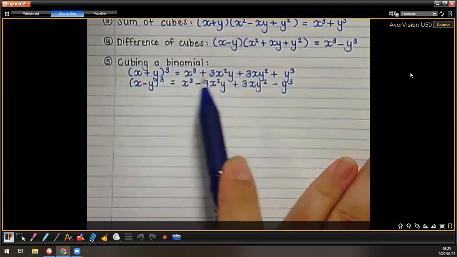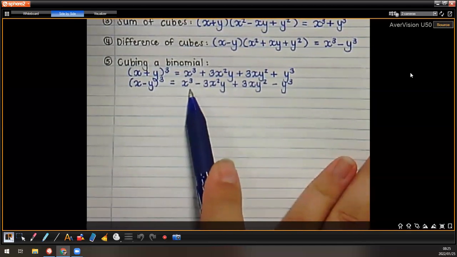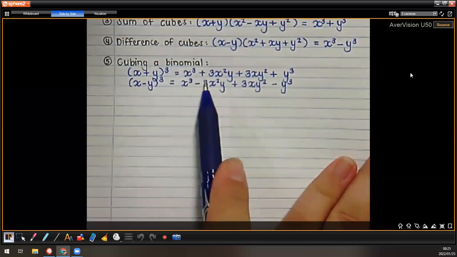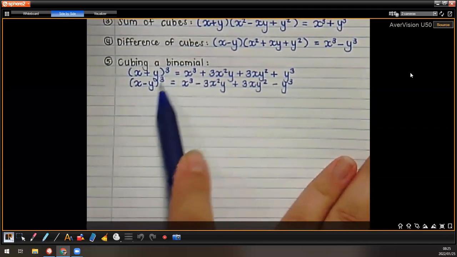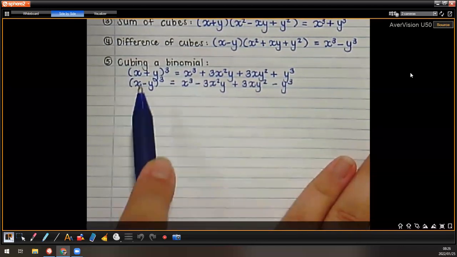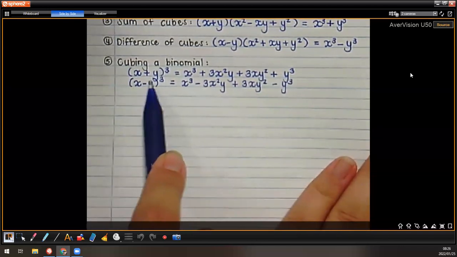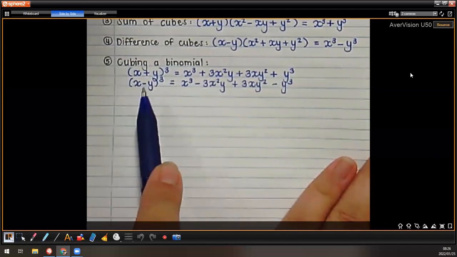You're going to have to do the first term cubed, then you're going to have a negative term for your second one. You're going to do 3 times the first term squared times the last term, right? Then 3 times the first term multiplied by the last term squared. Now guys, what is negative y squared?